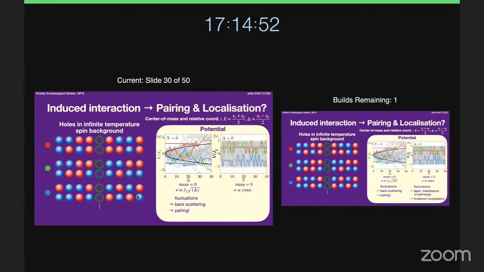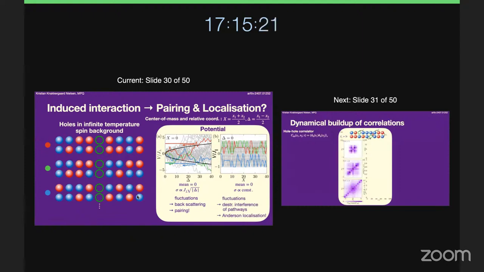Now, what you could sort of hint at in the previous figure that I showed you is that they are localized. And so actually what happens as a function of the center of mass, the center of mass x here, the potential is actually bounded. So as you move a pair along, the potential energy does not fluctuate to higher and higher values.